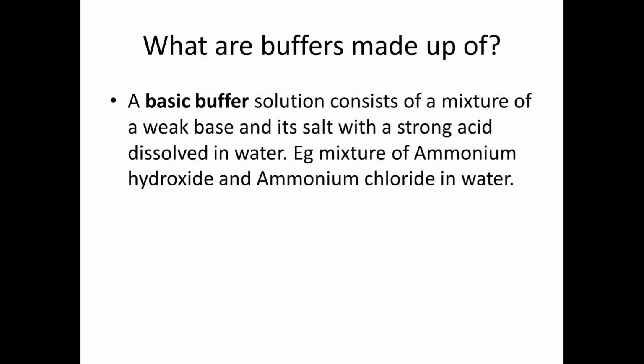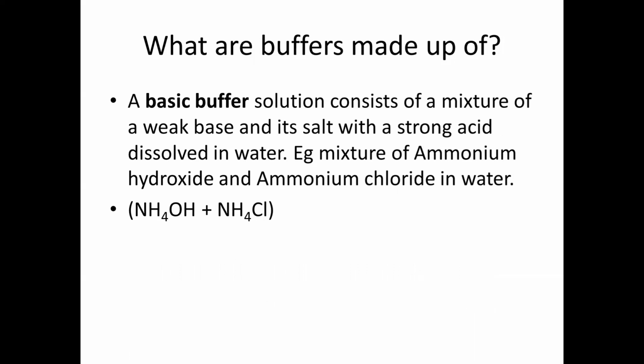A basic buffer consists of a weak base and its salt with a strong acid dissolved in water. For example, we can take a weak base as ammonium hydroxide and its salt with a strong acid as ammonium chloride. That is, the composition of a basic buffer is ammonium hydroxide and ammonium chloride, as one of the examples.